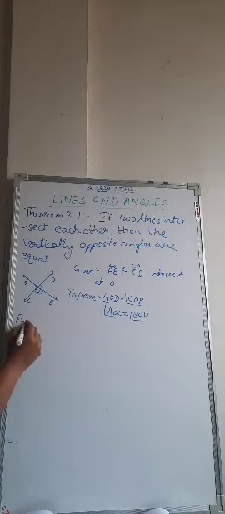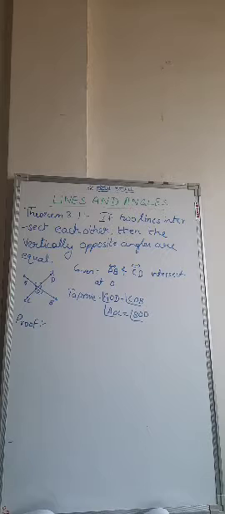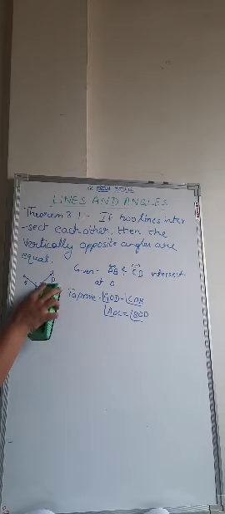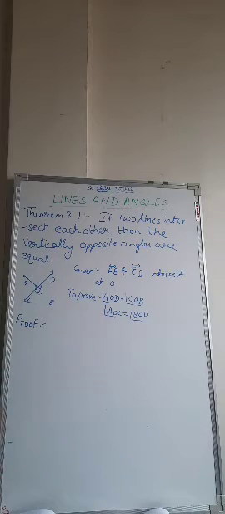Now for the proof. I will rub here. You should not do anything. You will keep the figure as it is. Now we have to prove that AOD is equal to BOC and AOC is equal to BOD. Now, see how it looks according to axiom 3.1.